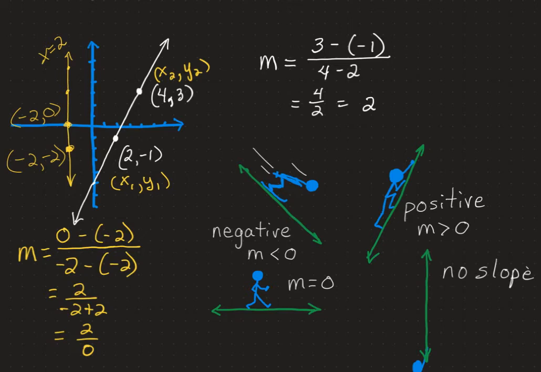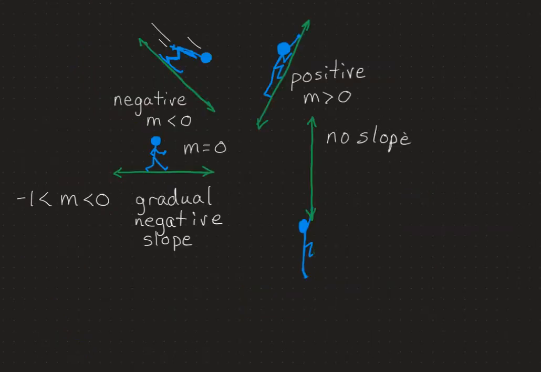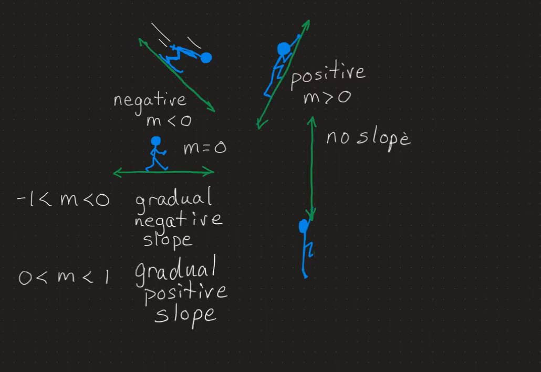We cannot divide by 0, therefore we cannot come up with a value for slope, and we say there is no slope for a vertical line. A couple more tips for you. If -1 is less than m, which is less than 0, then you have a gradual negative slope. And if 0 is less than m, which is less than 1, you have a gradual positive slope.